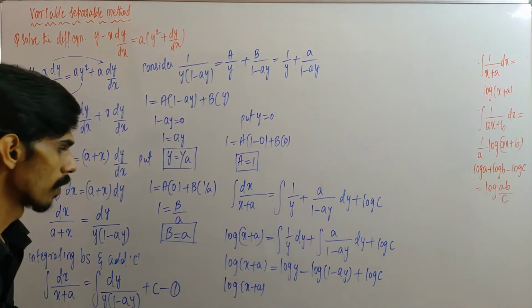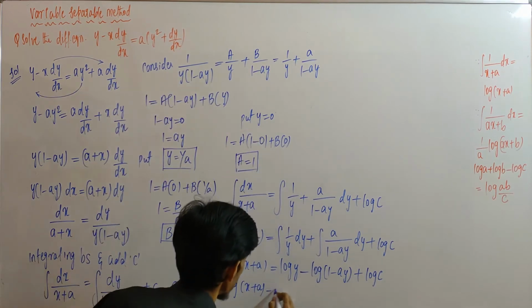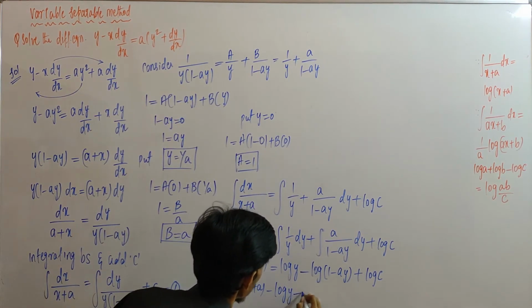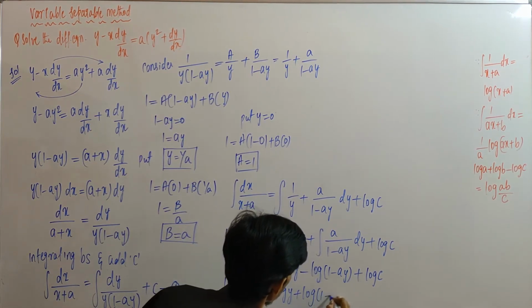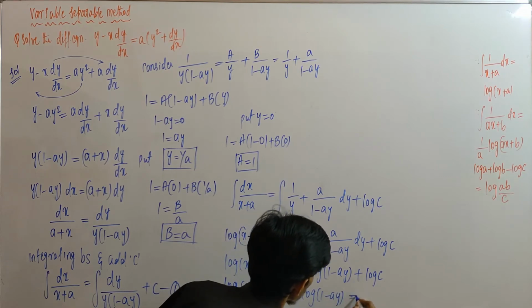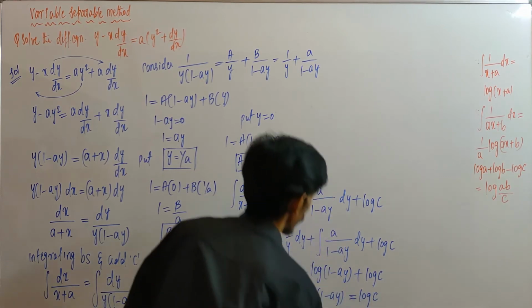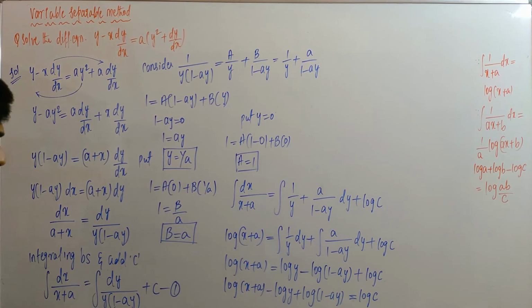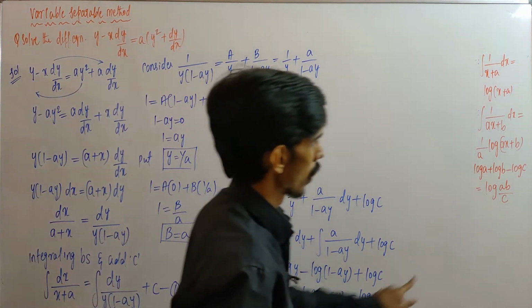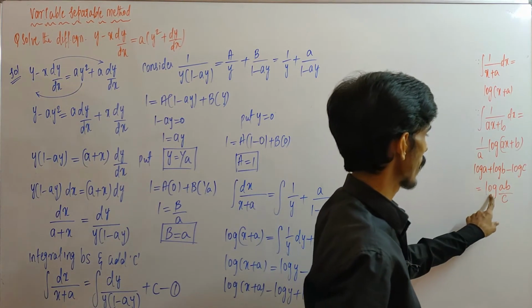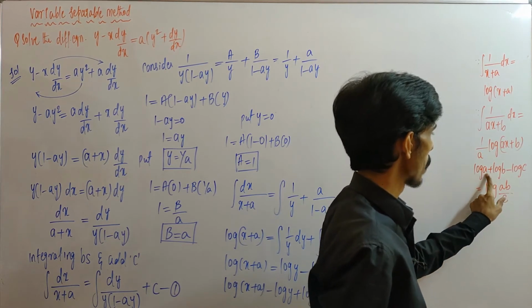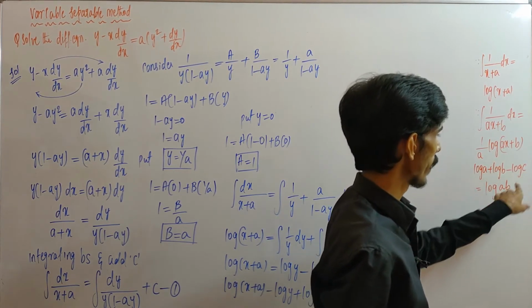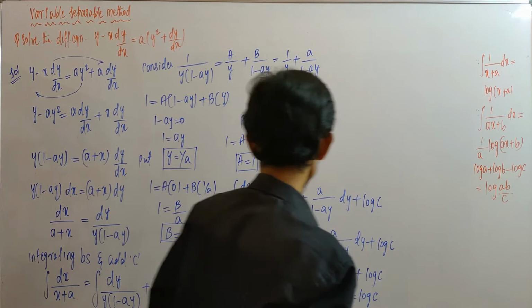Log c. So here I have minus log y plus log 1 minus ay is equal to log c. Now log a plus log b minus log c value is log ab by c, that is product of sum upon c.